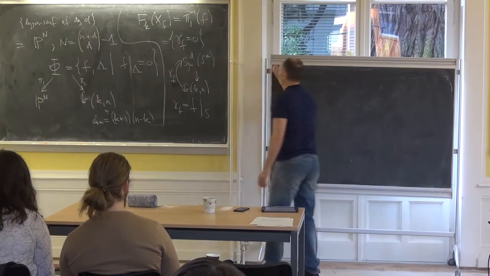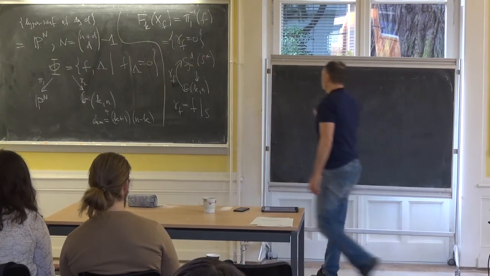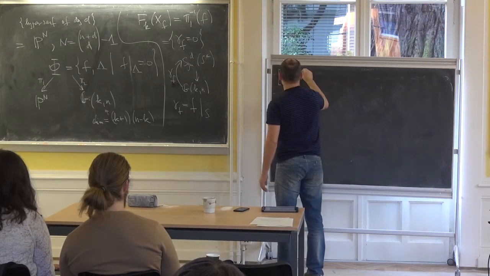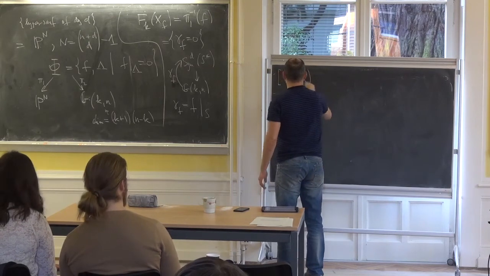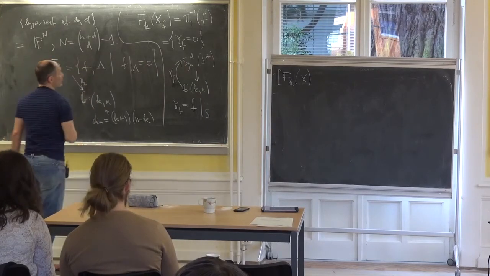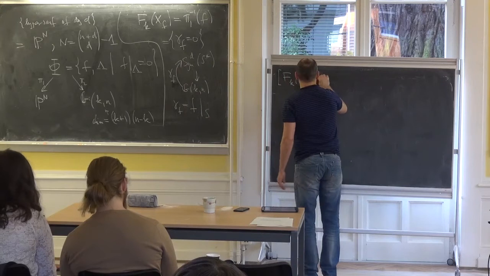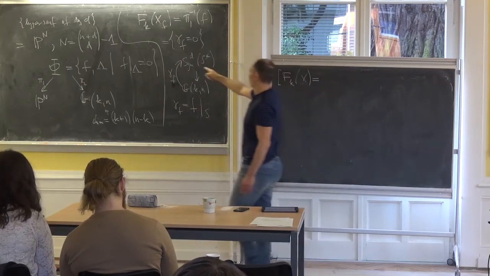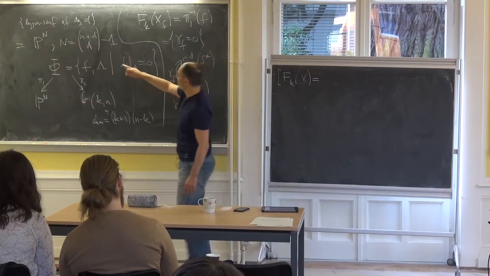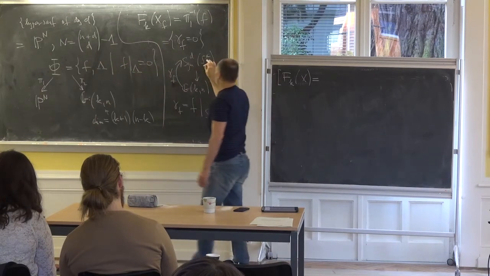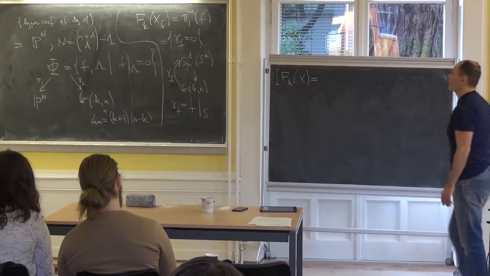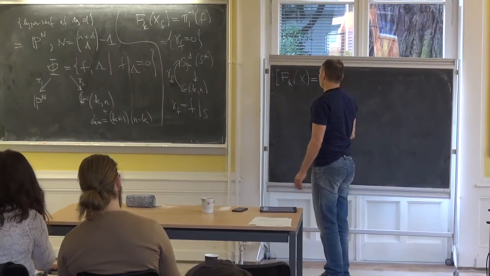So then, in principle, we have a formula. We have this formula for the class of F_k of X, where X is now a hypersurface of degree d, which is just the top Chern class of this bundle. Of course the rank is the same story as before. It's the number of polynomials, except now they are in k plus 1 variables, so a k plus 1 dimensional vector space.